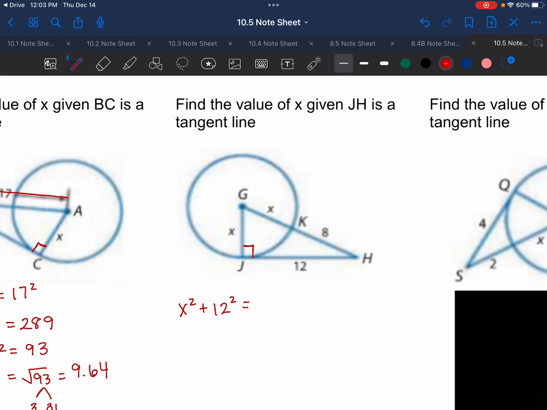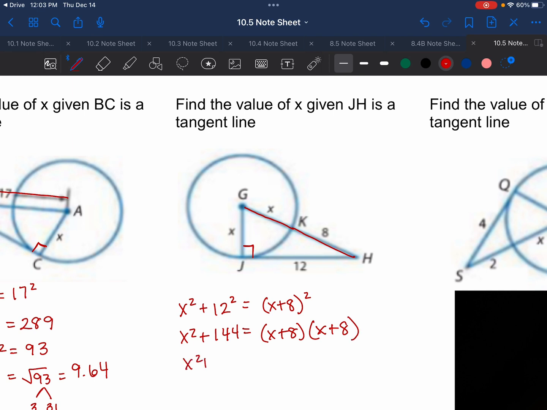We are not given the entire hypotenuse technically, right? It's not a single value, but we've got the radius x, and this length is 8, so the hypotenuse is x plus 8. So x plus 8 squared. So x squared plus 144 equals, to do x plus 8, the quantity squared, we need to do x plus 8 times x plus 8.